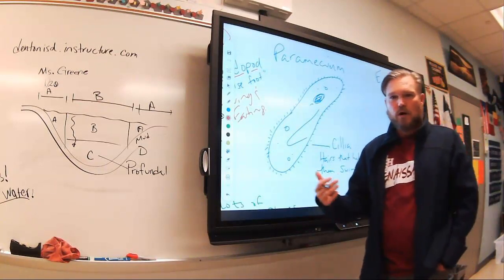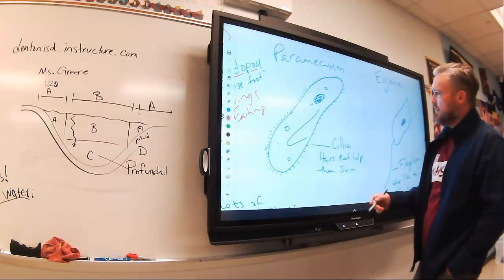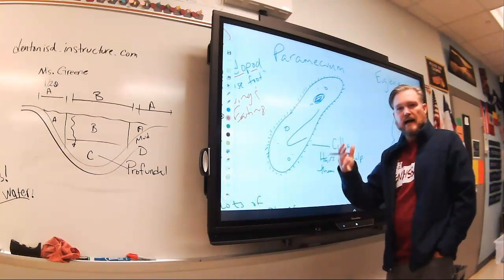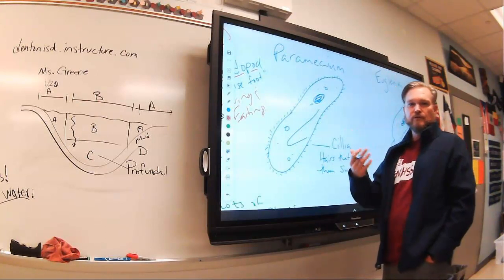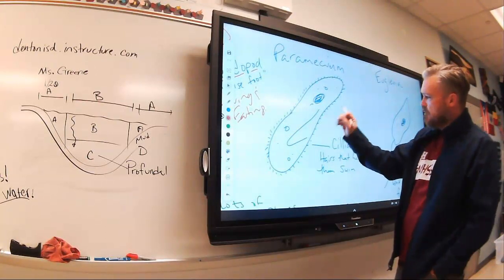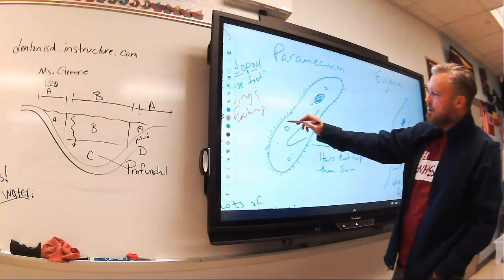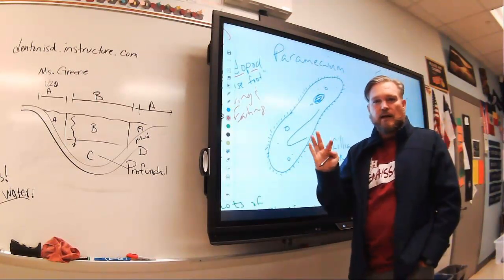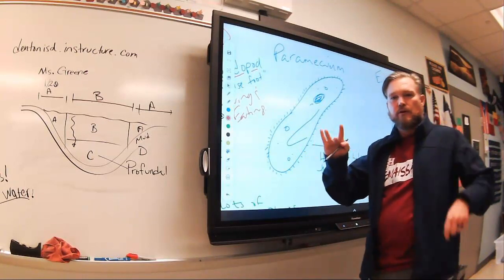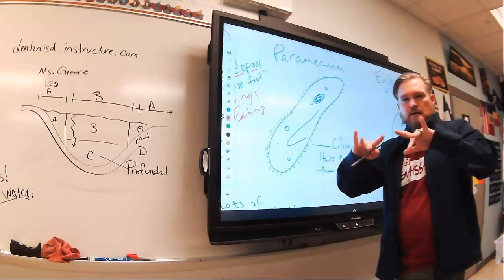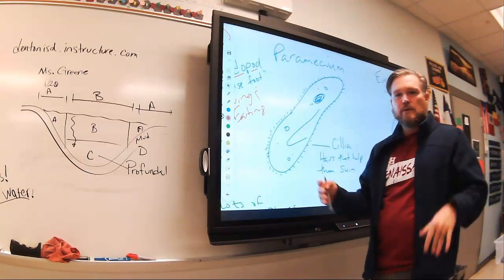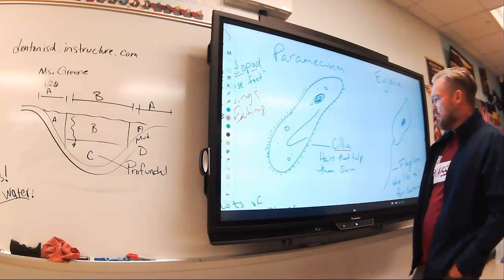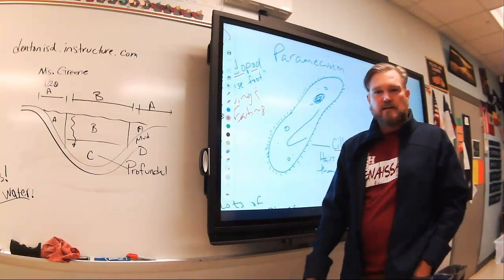This one has a cell wall, a little bit more rigid, and in that indentation, water comes through, which filters it, and it feeds by taking things in through that. Then all of these little projections around the outside are little hairs, and they can do this. Imagine if you're doing this, then that allows you to swim through the water column. So cilia help those dudes move and swim.